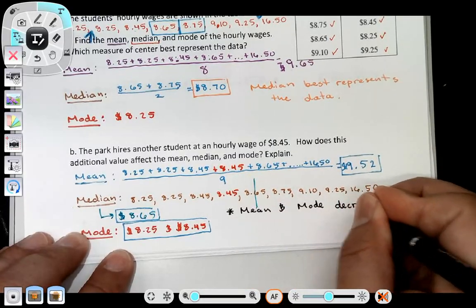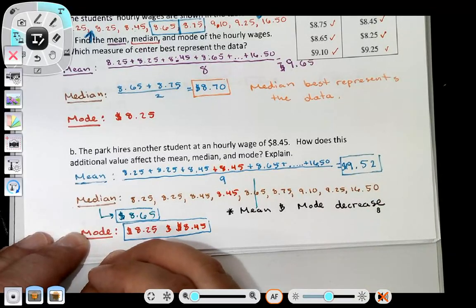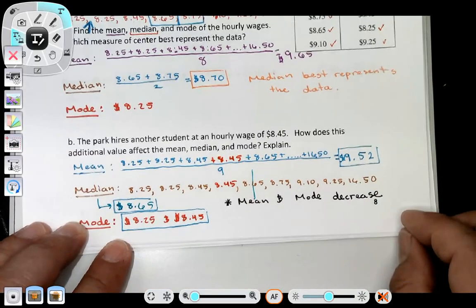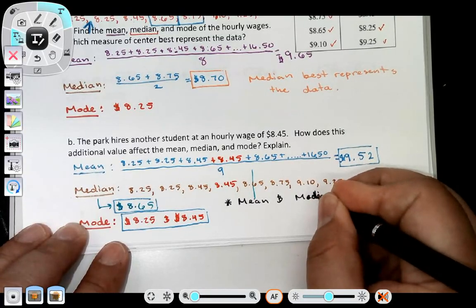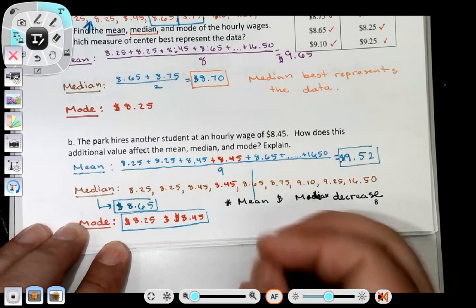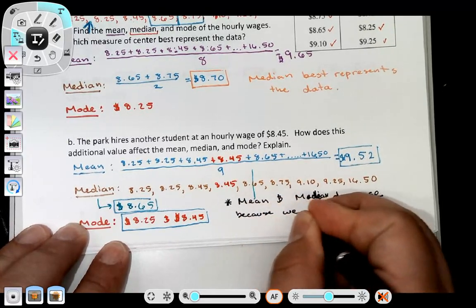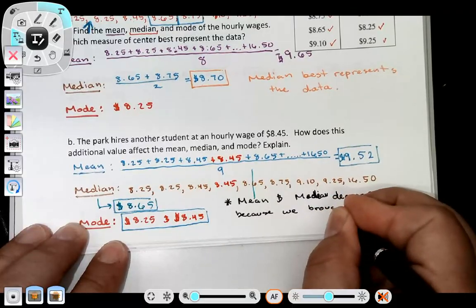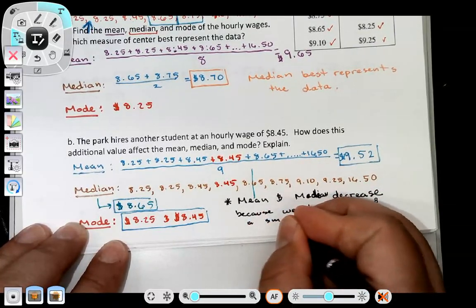They got smaller, so we like to say in math that they decrease. The median, sorry, thank you. That's why I was like, wait, something's not right. Thank you. The mean and the median decrease because we brought in a smaller value.